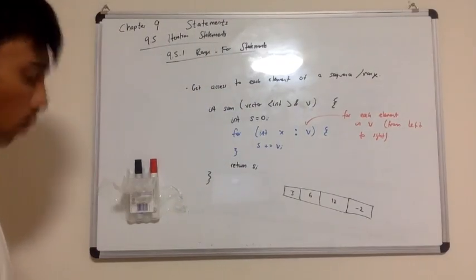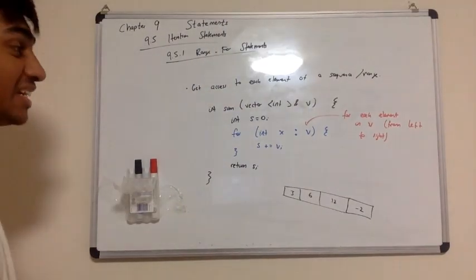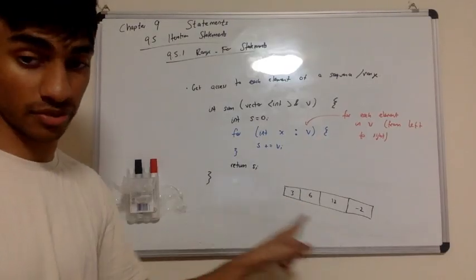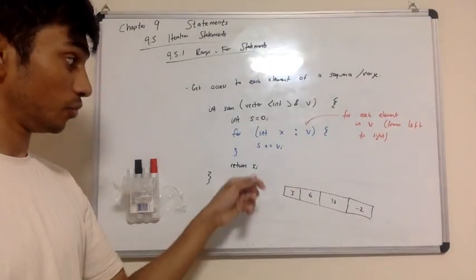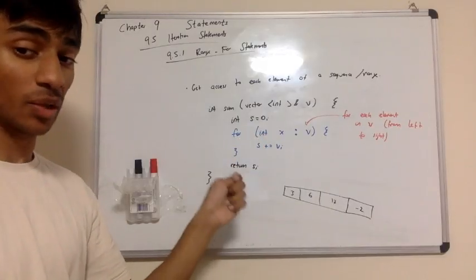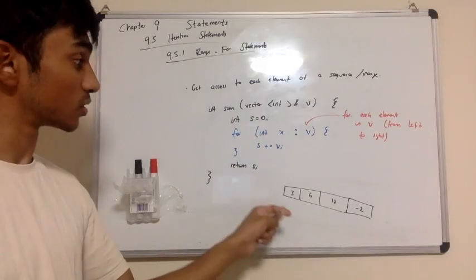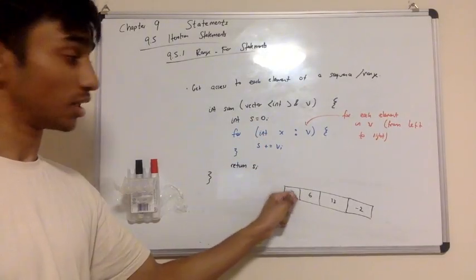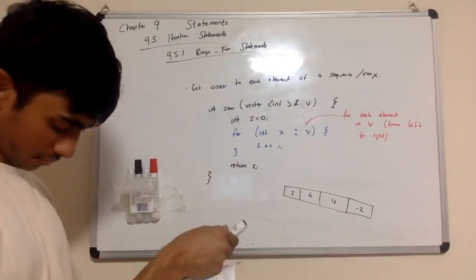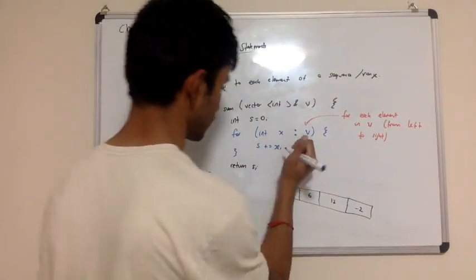For int x, we're saying for each integer x existing within v, so this entire thing is v, we're declaring x and letting it take the value of each integer in v. So x is going to be 3 initially, and then we're going to add that. Sorry, I made a mistake in the minus.